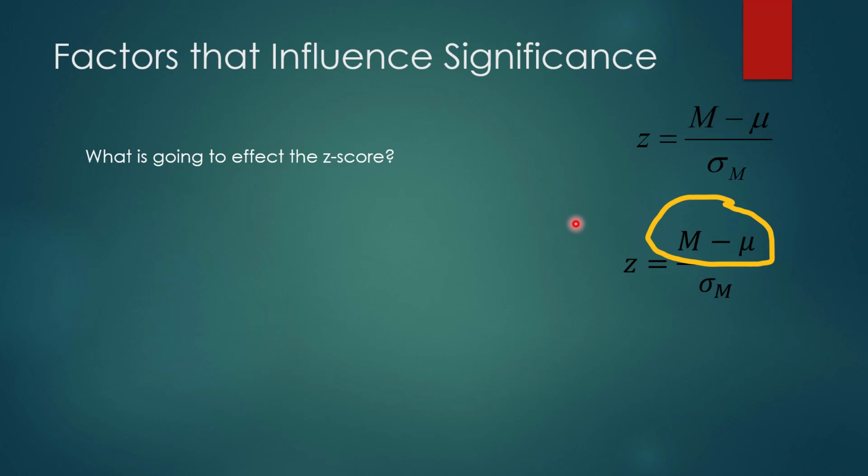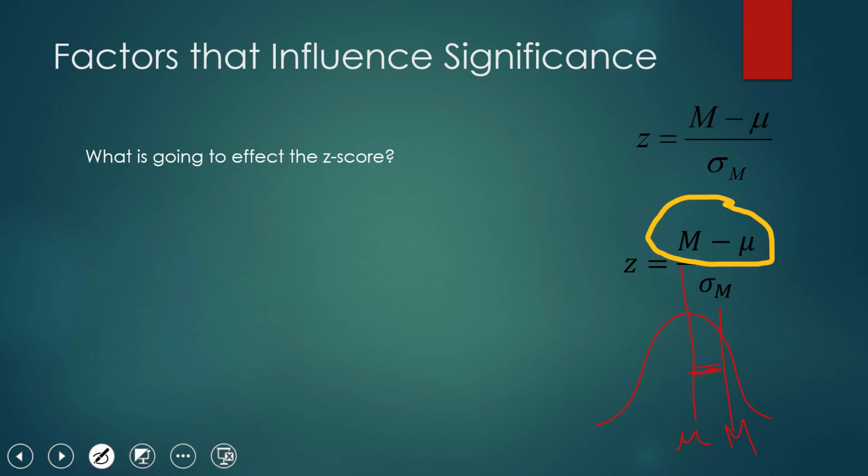So what does this numerator mean? We've talked about this before. This numerator means the distance from the mean. So we have our population mean, and this could be our distribution of sample means, and then we have another value. What this numerator is showing you is how far this sample mean is from that population mean.